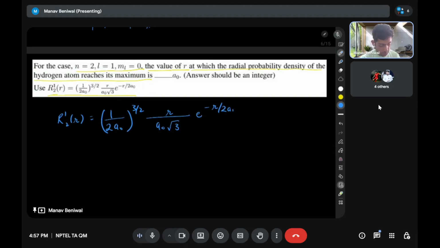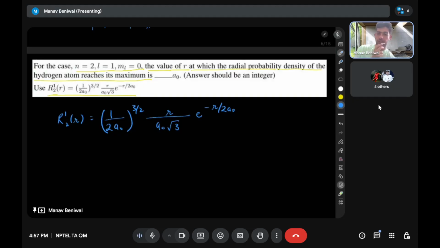Maybe some of you have seen how it varies with r. So for example, what will be the zeros of this wave function? Meaning, when will this function R1,2 be 0?